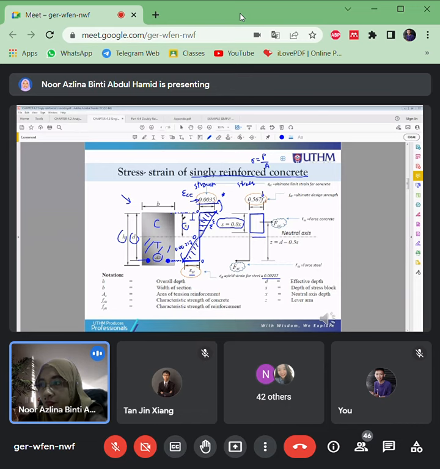The depth actually x is from the top to the neutral axis, but for the stress block diagram, it just considers about 80% of the original depth of the neutral axis, which is 0.8x here. So this is the depth that will be considered.